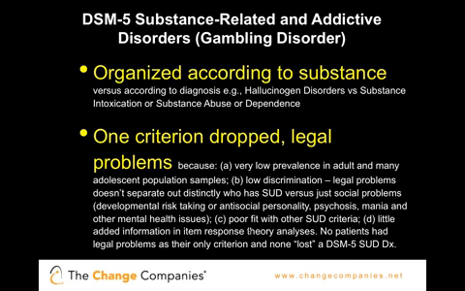Now, a big one that has changed in terms of the criteria is dropping legal problems as one of the diagnostic criteria. One of the reasons for this was that there was very low prevalence in adult and adolescent populations of that being an important criterion.